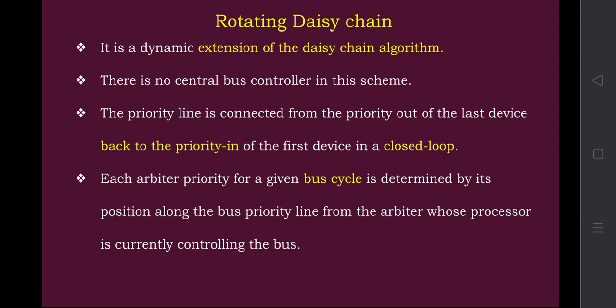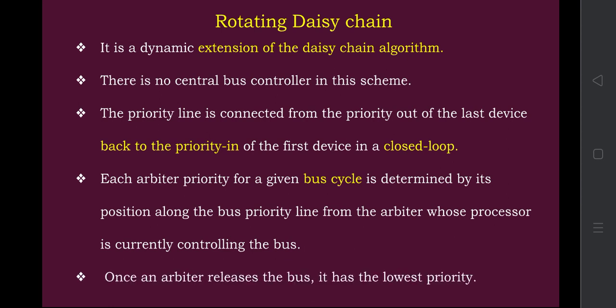Now a new device or new arbiter may ask for bus control. At that time this algorithm will decide based on whose processor is currently controlling the bus. Accordingly it will decide which has to be selected next. So it will break the static concept of the daisy chain algorithm. And once an arbiter releases the bus, it has the lowest priority.